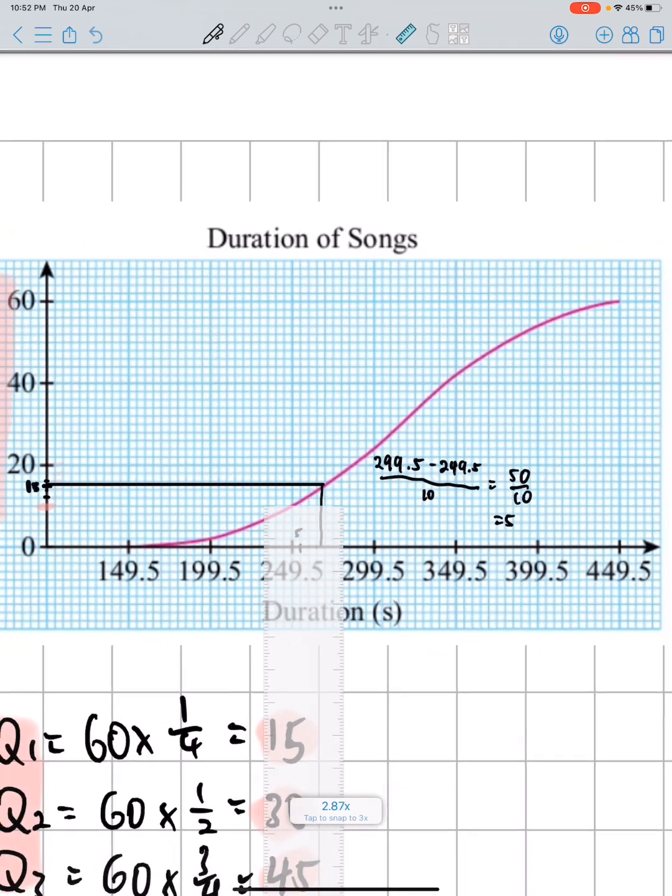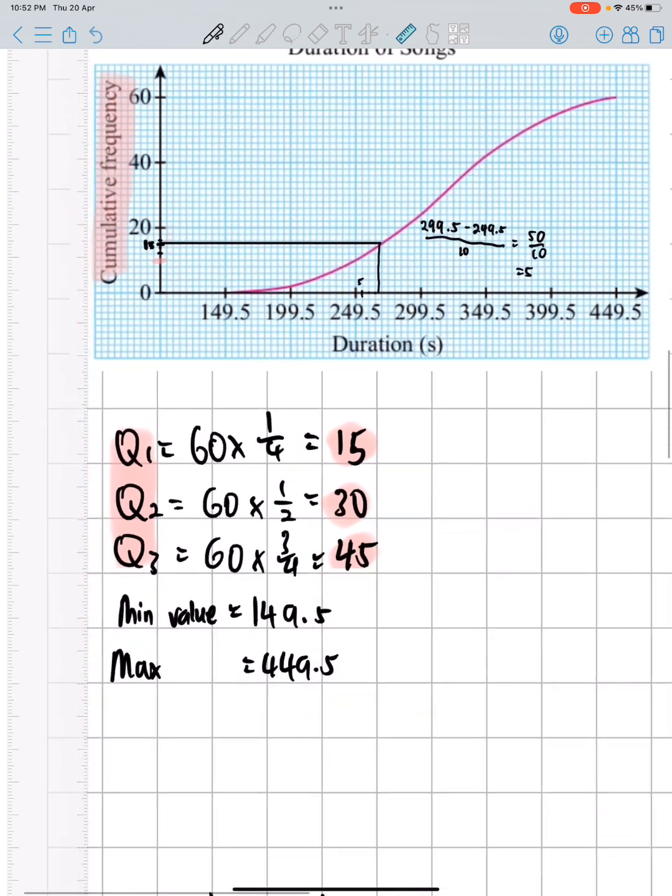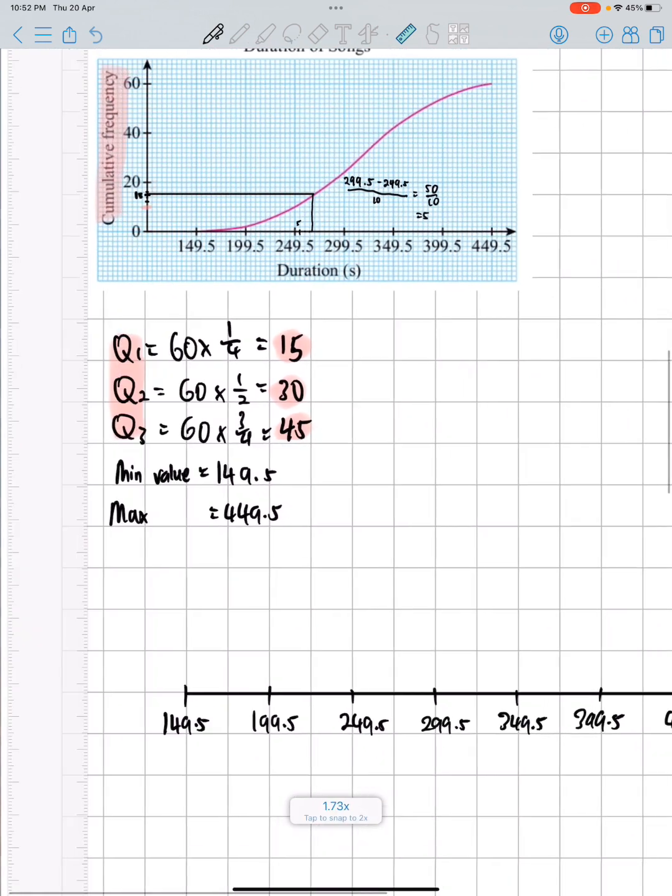So for quartile 1, 15, the value is 249.5 plus 5 plus 5 plus 5 plus 2.5.